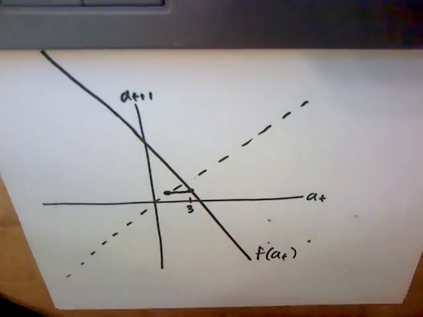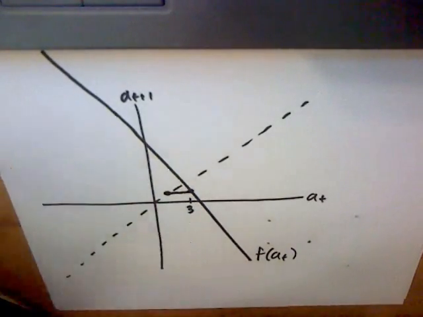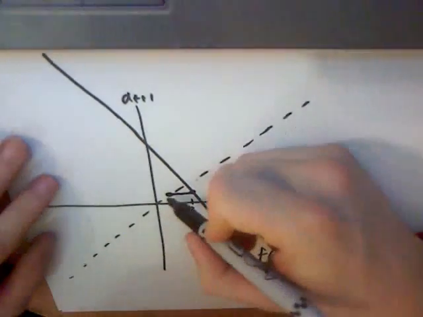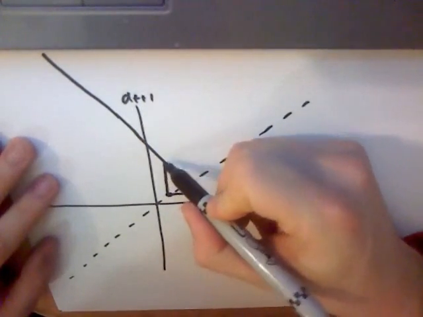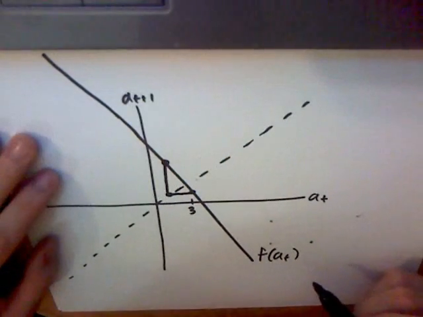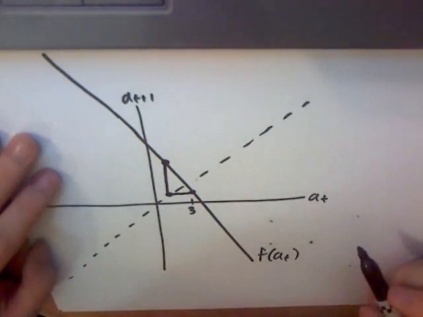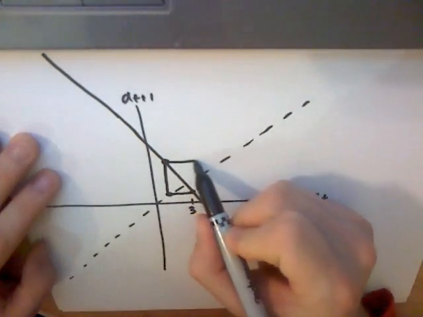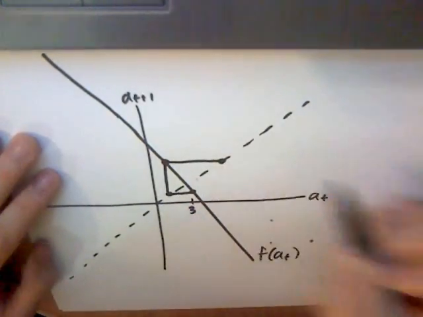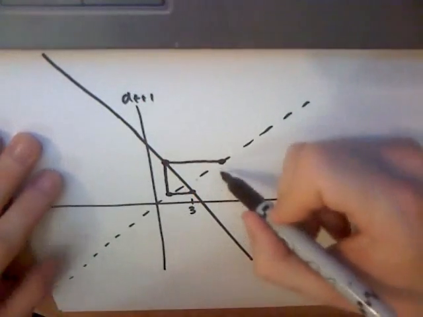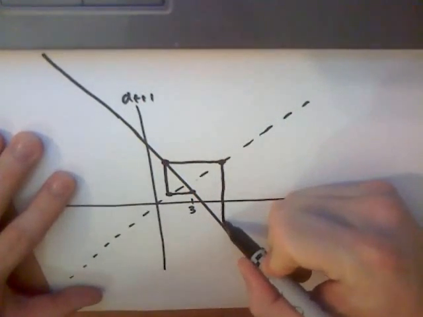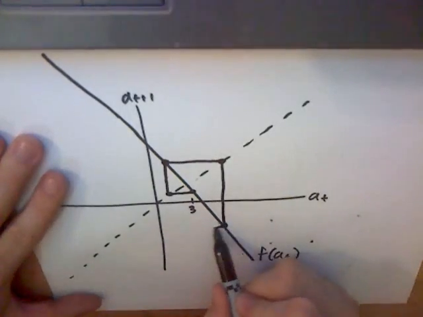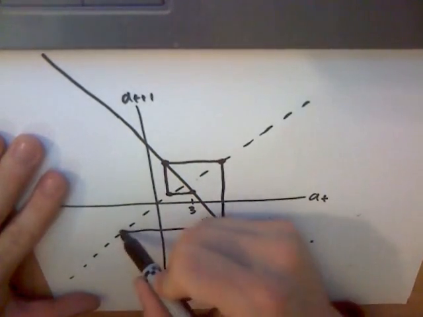Since the updating function is a function, it passes the vertical line test, so it will only have one point on a vertical line. So we go towards that one point, which is right here. Now we repeat the process from this new spot. We go horizontally to the diagonal, and then vertically to the updating function. Since it passes the vertical line test, there's only one place to go. And we can do this for a couple more steps.